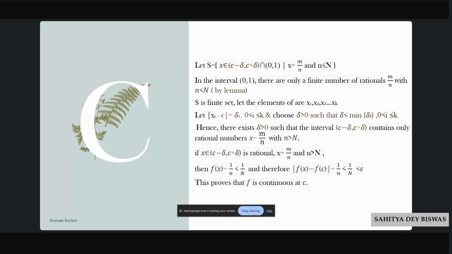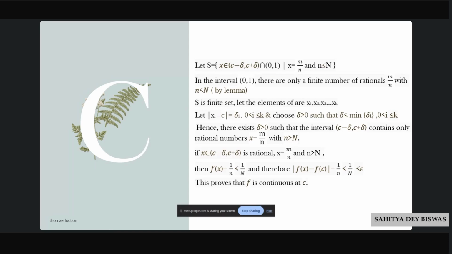So let's enumerate the elements of set S as x1, x2, up to xk. Now I take the distance of xi and c as delta i, so mod of xi minus c is delta i. And I choose a delta greater than 0 such that this delta is the minimum of all the delta i's.